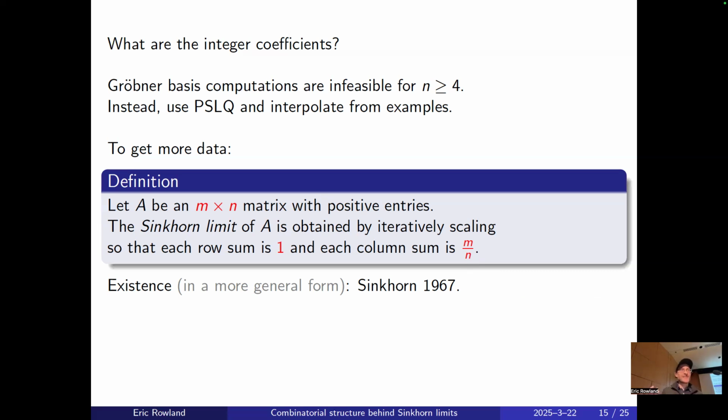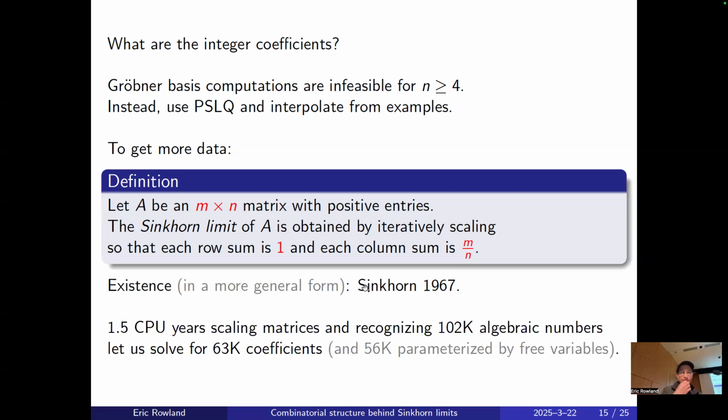But you can't have a doubly stochastic matrix that's not square, because the sum of all the row sums is the sum of all the entries, and the sum of all the column sums is also the sum of the entries, right? So you can't have the row sums all adding up to 1 and the columns all adding up to 1 if you don't have a square matrix. So this is a generalization. And the existence of this Sinkhorn limit was shown a few years later, not in this form, but in a more general form by Sinkhorn after his first paper.